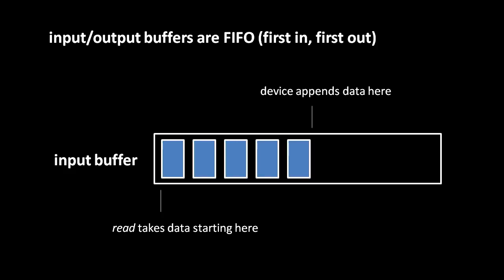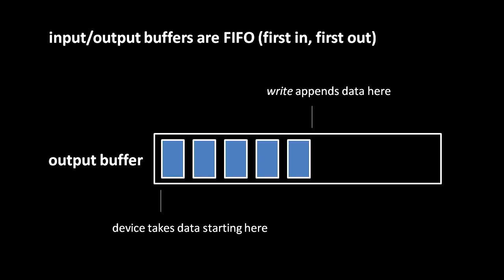Once read, those bytes are then removed from the buffer. Conversely, with the output buffer, data is added when a process writes to the character device file, and the data at the front of the buffer is read by the actual device, and again, once read, the data is removed from the buffer.